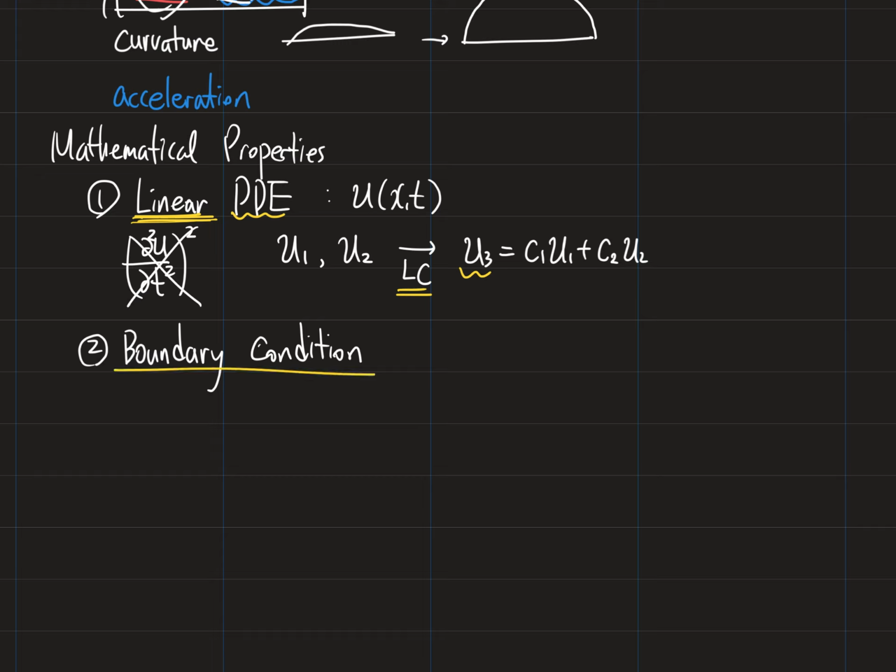Since the string is fixed at both ends, its displacement at these points must always be 0, right? So you are fixing both ends of the string. We cannot really say anything about the displacement along an arbitrary x, but there are two points that we can say are fixed.